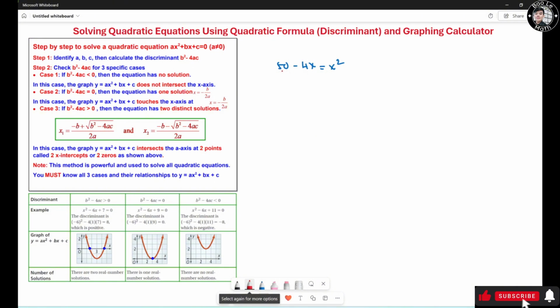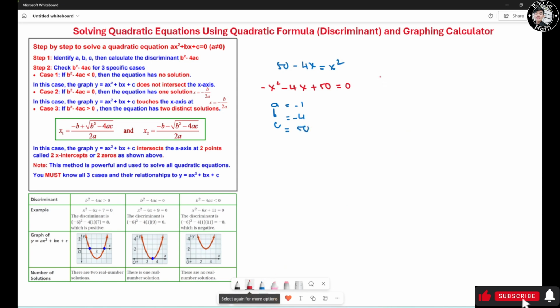You move every single thing to the left-hand side, so it turns out to be negative s squared minus 4s plus 50 equals 0. Alright, so you need to identify A, B, and C. A equals negative 1, B equals negative 4, and C equals 50.